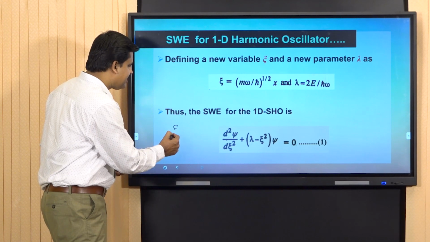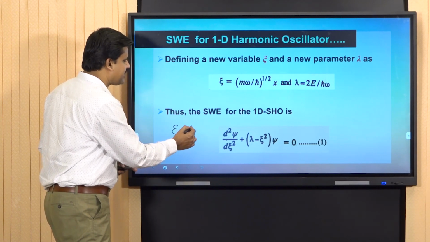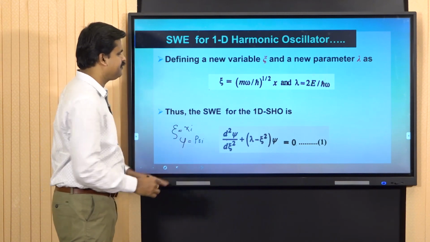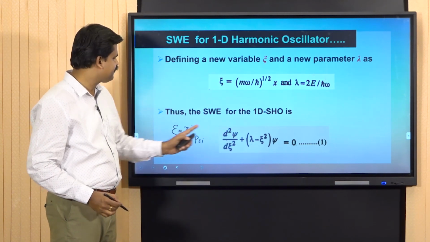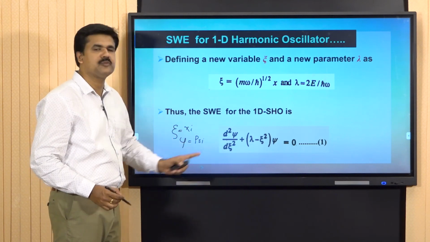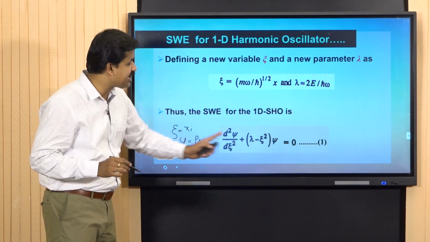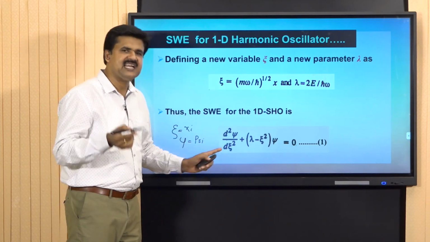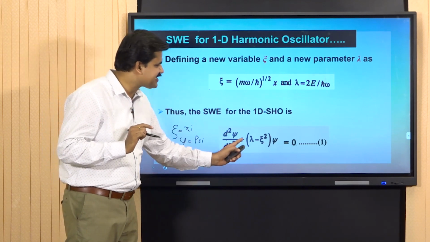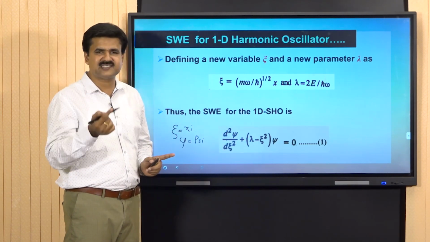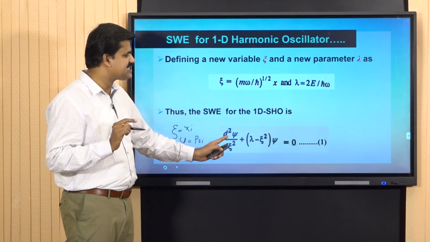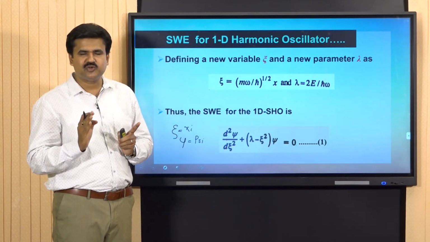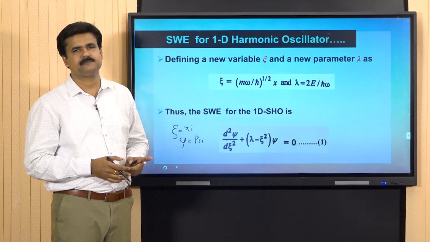One term is pronounced as xi, and this is the wave function psi. So the Schrodinger equation for the present system is d square psi by d xi square plus lambda minus xi square into psi equal to 0. This is the ultimate Schrodinger wave equation for a diatomic simple harmonic oscillator.